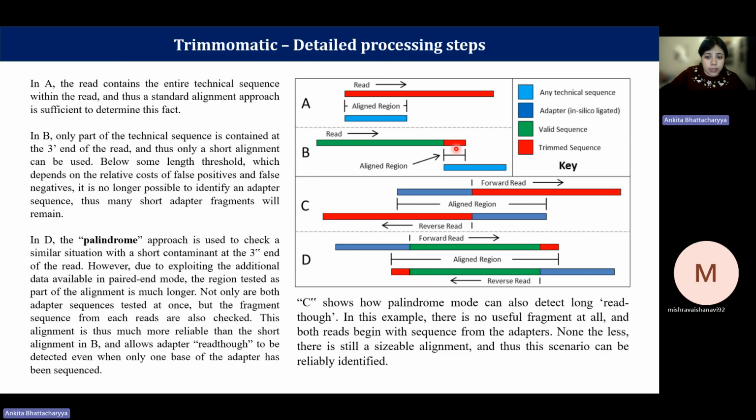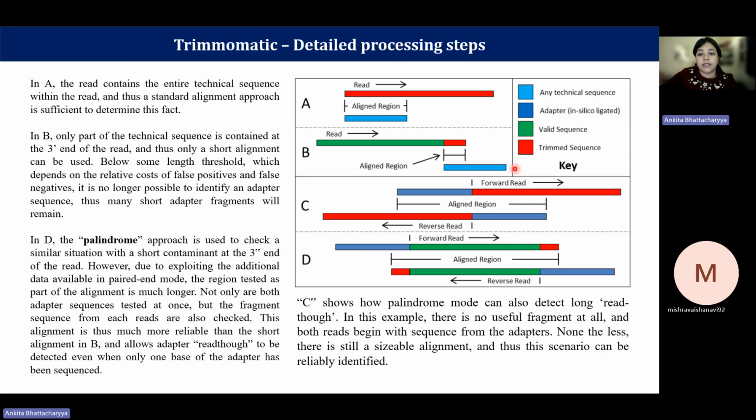If it only aligns with a very short region towards the 3' end, what happens then? Below some length threshold, which depends on the relative cost of false positives and false negatives, it is not possible to identify an adapter sequence, and short adapters many a time will remain undetected.